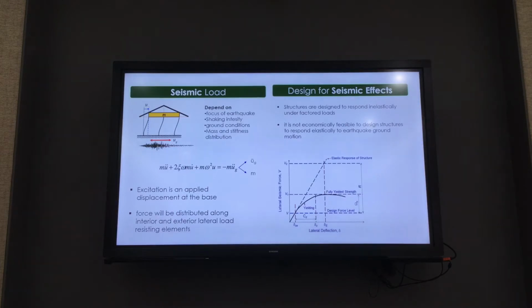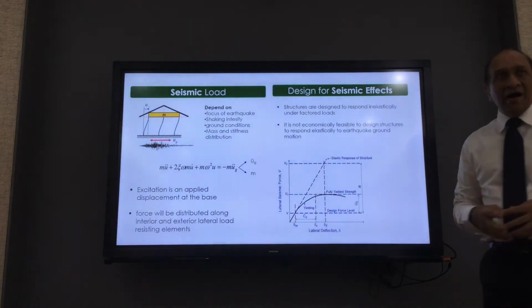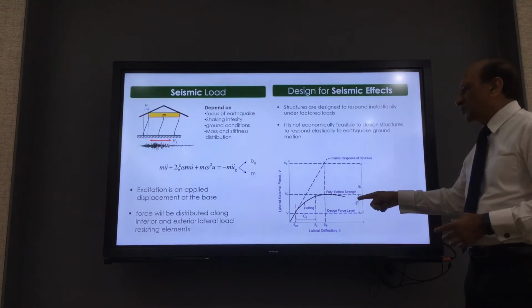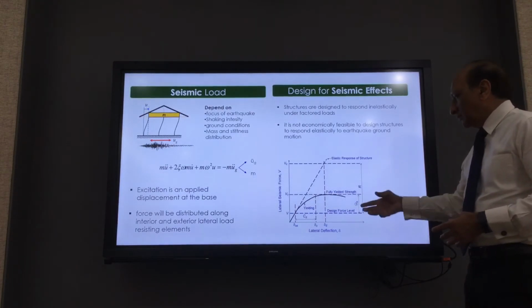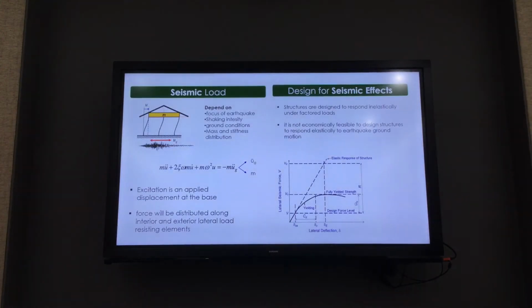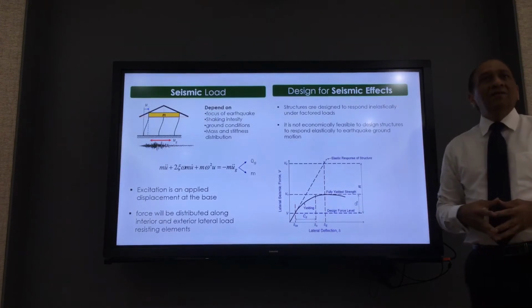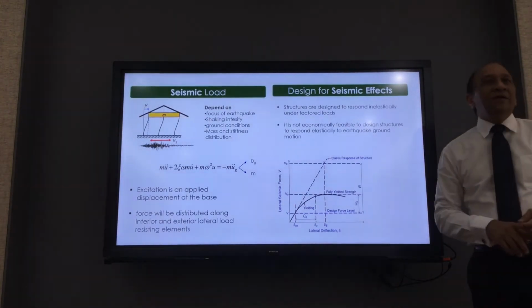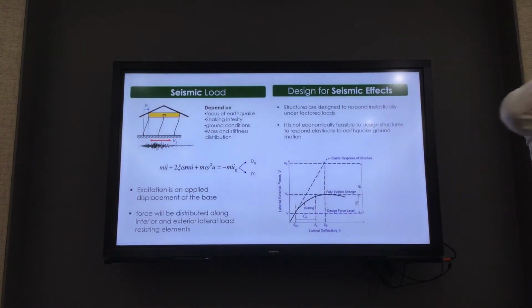They estimate it by two factors in the code. One factor is called the response reduction factor, R, and the second factor is called the capacity, the strength, overstrength factor, omega. You know about that, right? So both these factors combined give us the estimate of that pushover curve somehow.